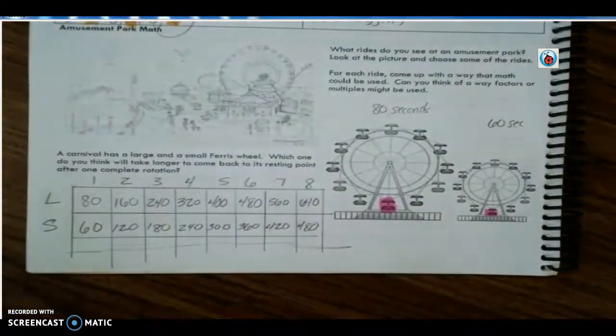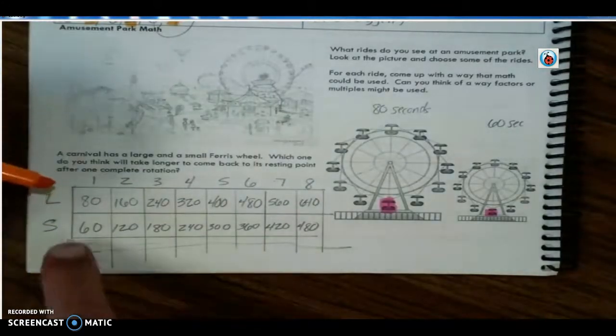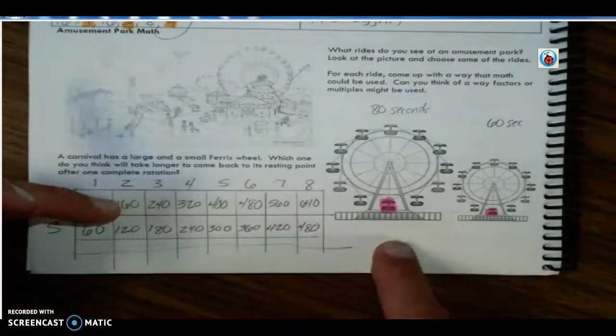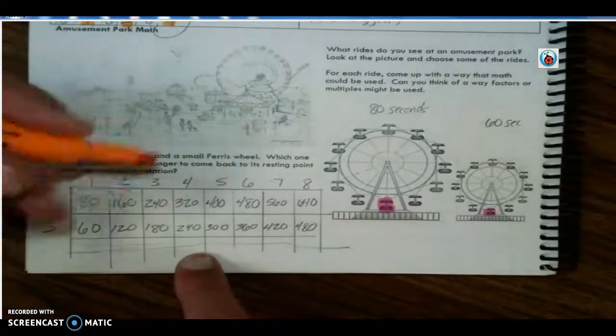And now we have this little chart. And we're going to start looking for common multiples of when they're going to be at the ground, when these 2 Ferris wheels go around together. So we have 80. Nope, that doesn't work. 160. Nope. 240 works. There you go.